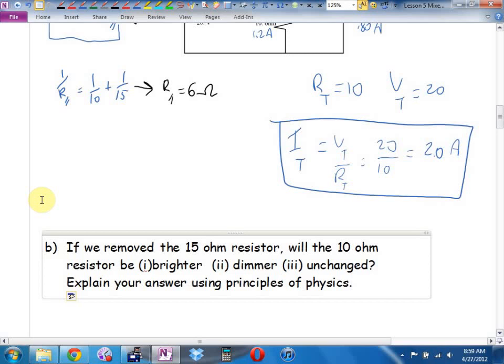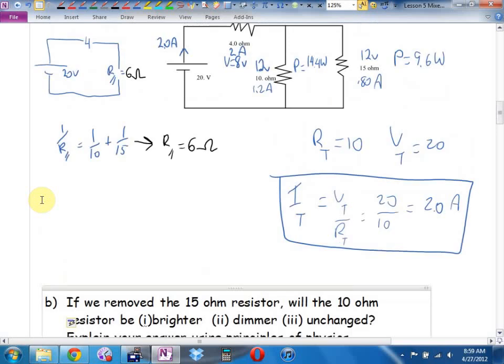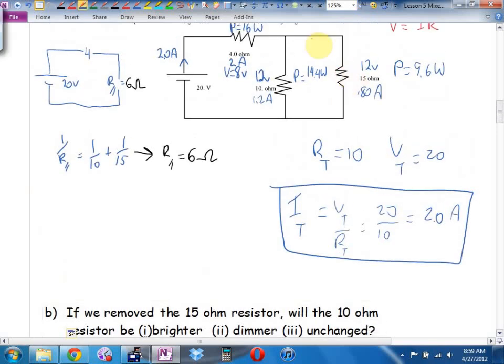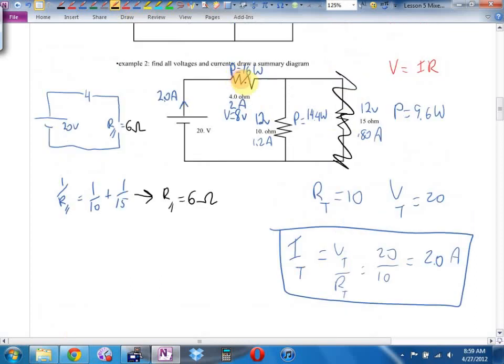If we remove the 15 ohm resistor from this circuit, will the 10 ohm resistor be brighter, dimmer, or unchanged? These are the kind of using-principles-of-physics questions they love and I love to ask during these. If I remove this so that this whole section is no longer there, what can you tell me about these two resistors?